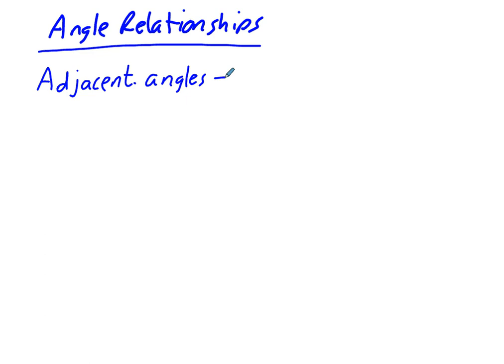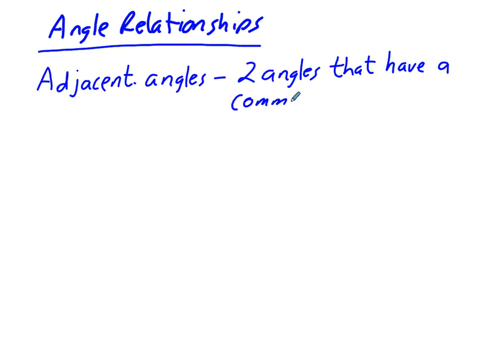Adjacent angles are two angles that have a common vertex and a common side. All right, so basically it's going to be two angles that are connected, that are right next to each other.